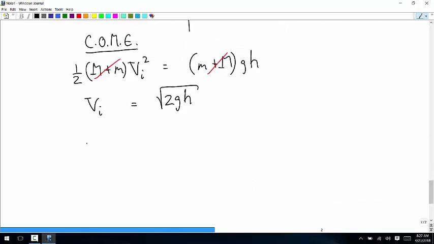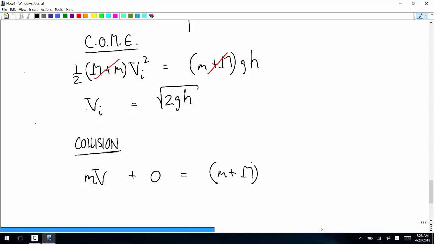And now we'll do the collision. For an inelastic collision with conservation of linear momentum, the mass of the bullet times its velocity before the collision, assuming it's moving in the positive x direction, plus the linear momentum of the block before the collision, is equal to the combined mass times the velocity of the combined thing after the collision.